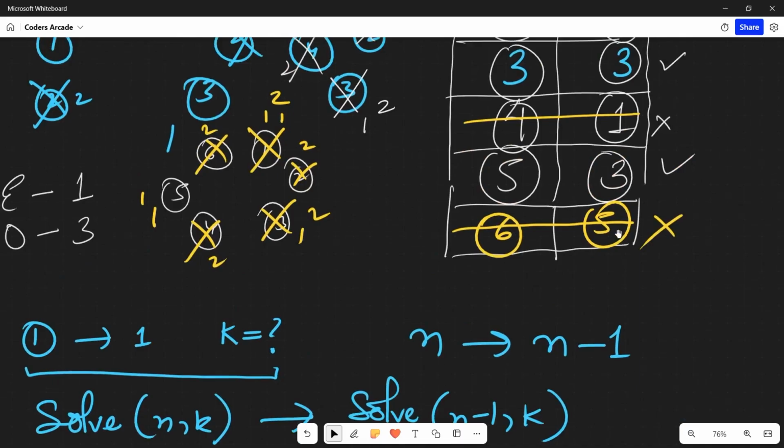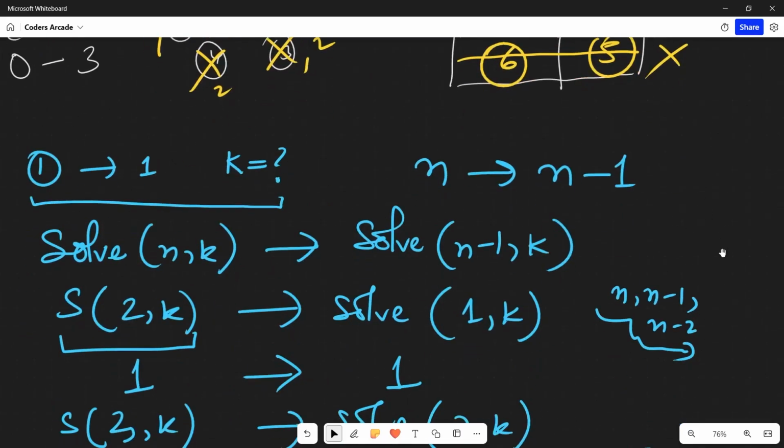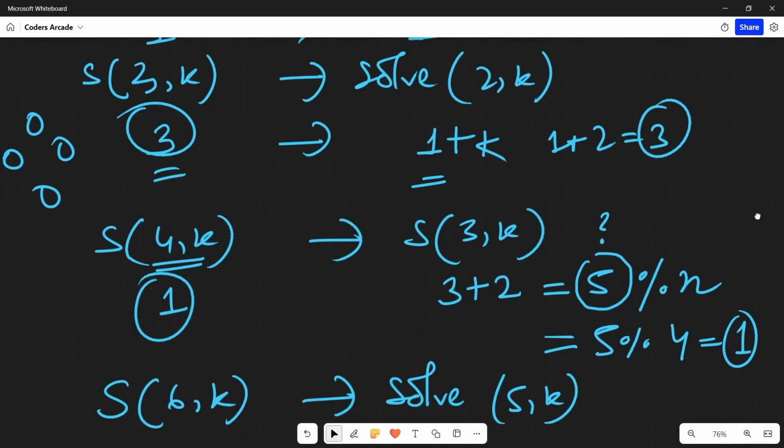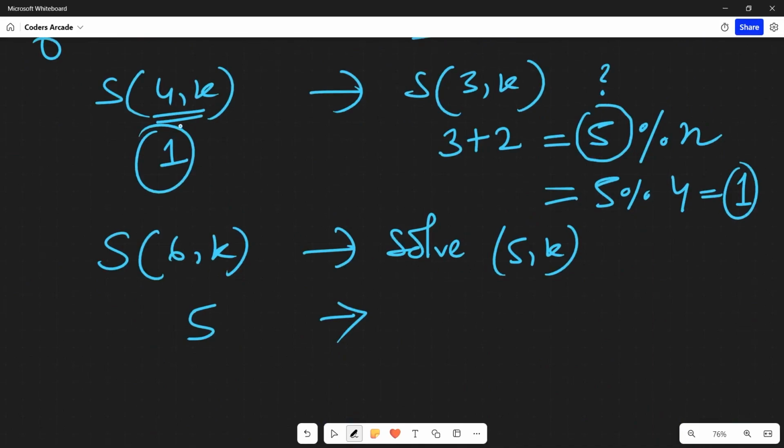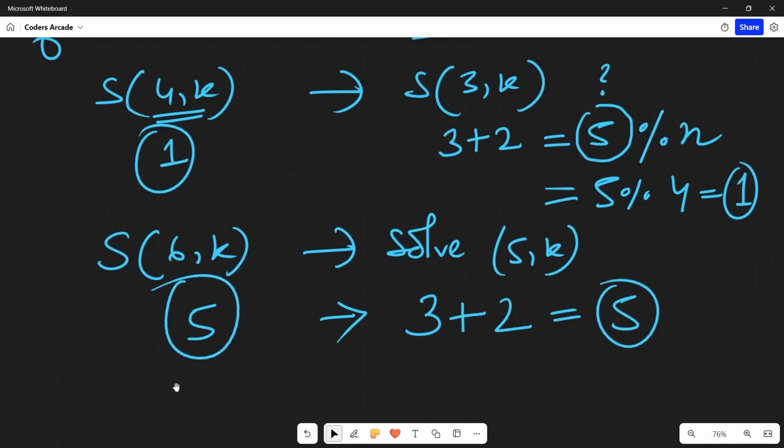Yeah, 6 comma k was 5. And the 5 comma k value was how much? 3, right? Correct. Plus we were adding the k value, which is 2. So ultimately this is also 5, right? See? So it's working fine.